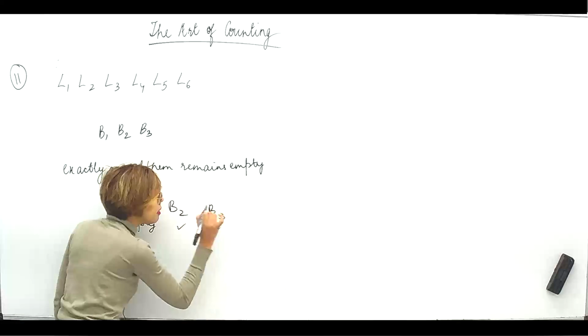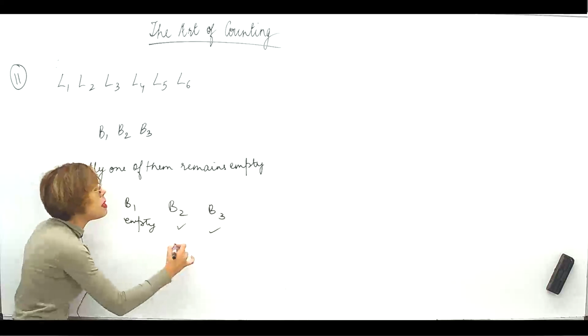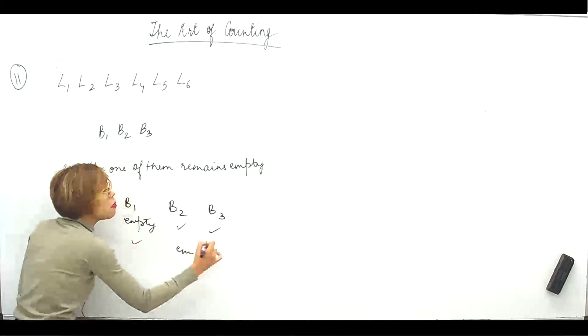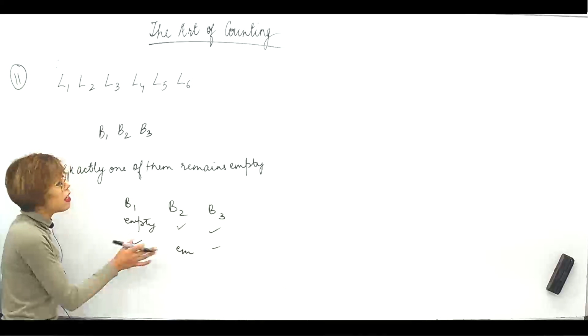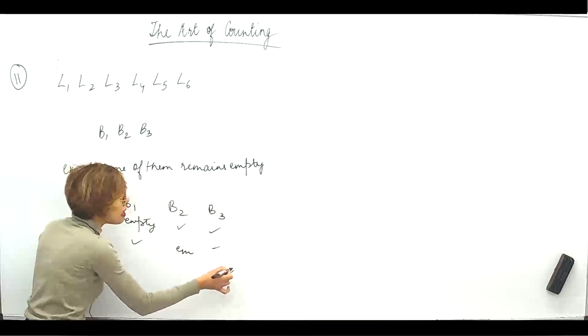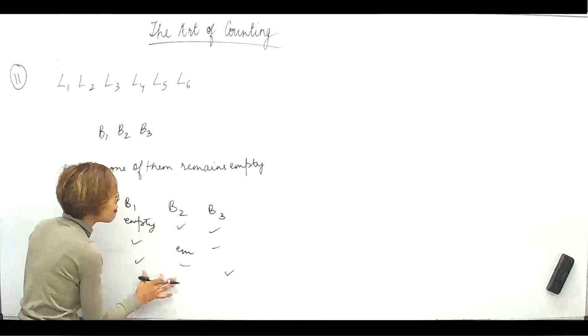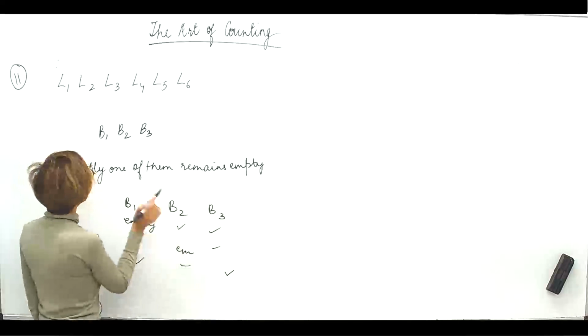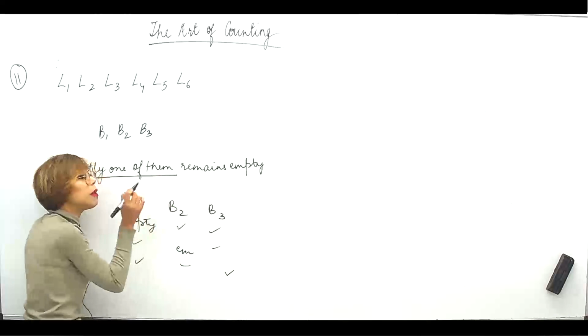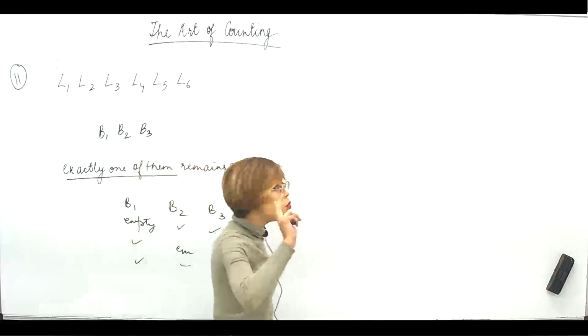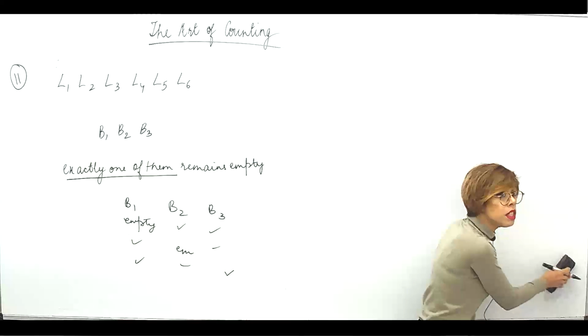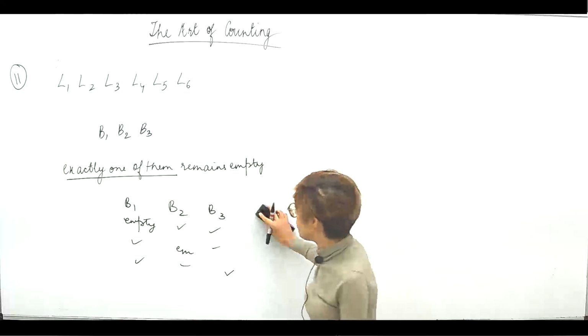These should have some letters. Maybe B2 is empty, but then B1 and B3 should have some letters, and so on. Let B3 be empty, so B1 and B2 should have some letters. So this is what he says, exactly one of them, only one of them. Two cannot be empty, three cannot be empty.